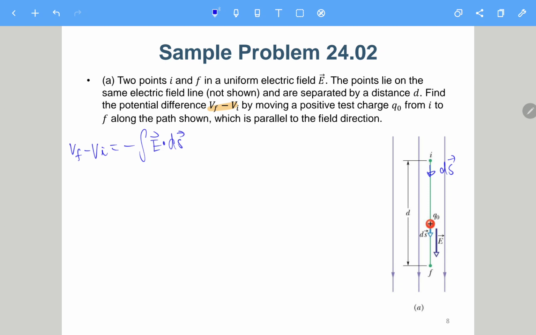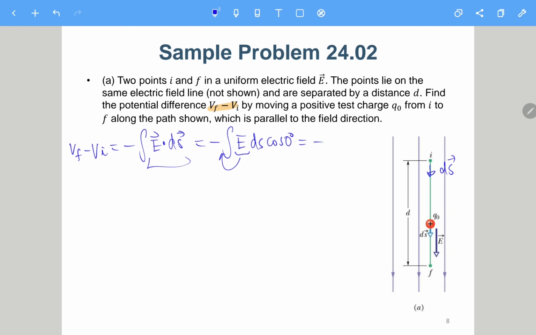We can see E is pointing downward and ds is also pointing downward all the way. In that case, it is just like negative integration of E times ds times cosine of 0 degrees. And as this is uniform, we can just move it out.